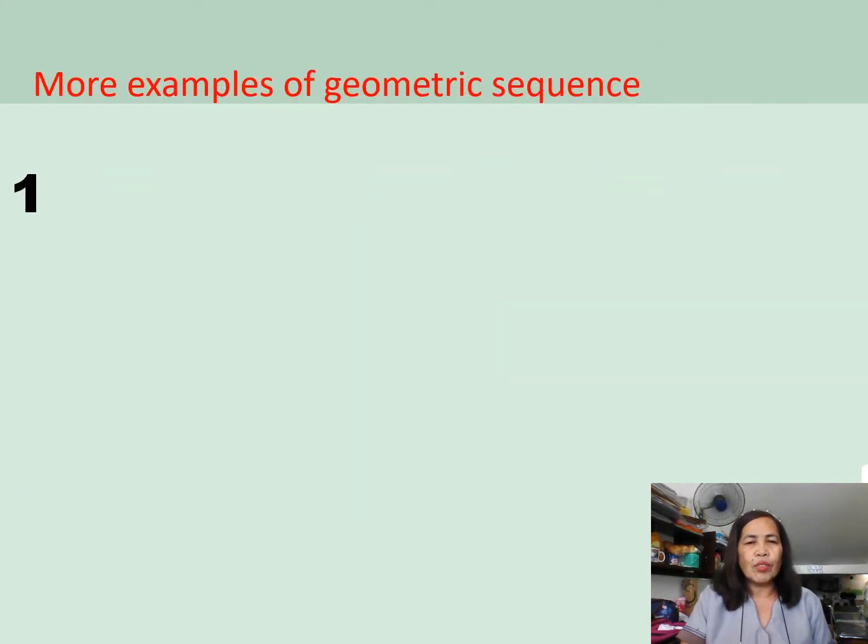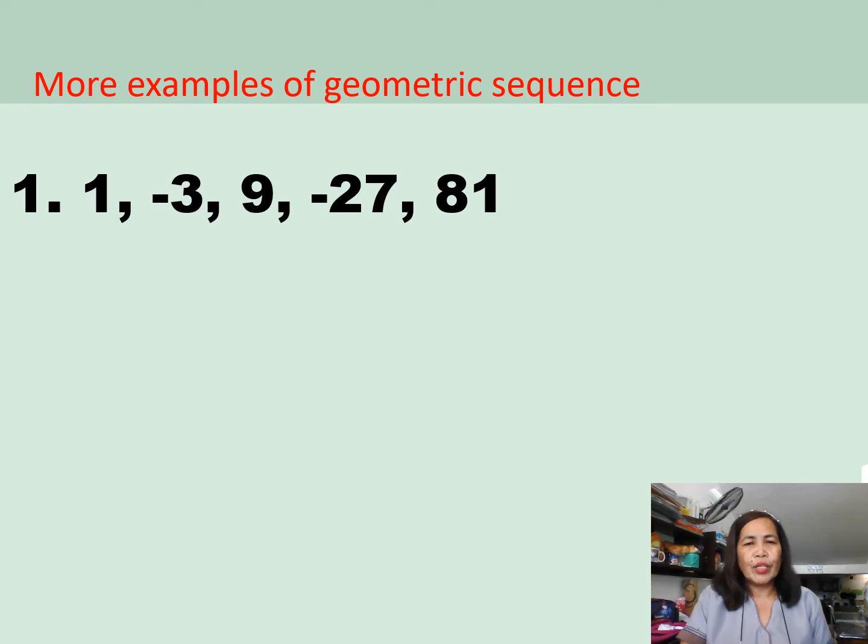More examples of geometric sequence: we have here 1, negative 3, 9, negative 27, 81. The ratio here is negative 3 because negative 3 divided by 1 is negative 3.